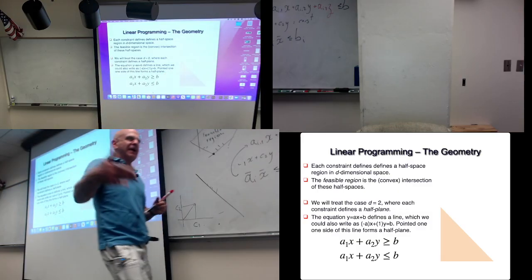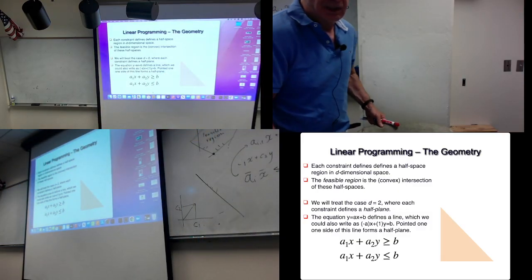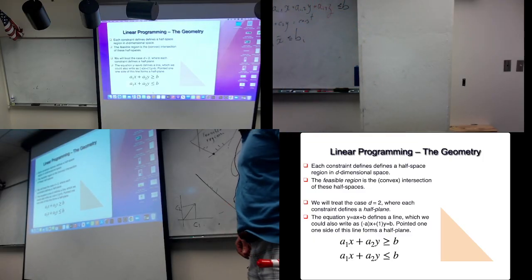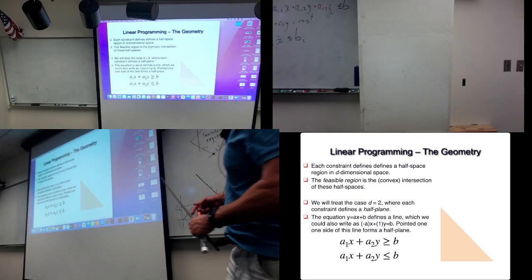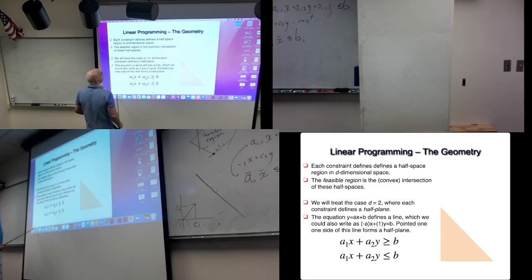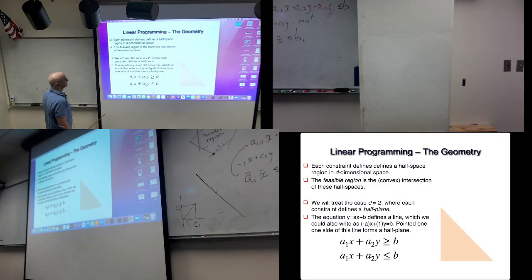Okay, so in linear programming, each constraint defines a half space, some region in the d-dimensional space. It is convex. We talked about it. The same, if you have 2 points inside the half space, then the segment connecting them is inside this half space.